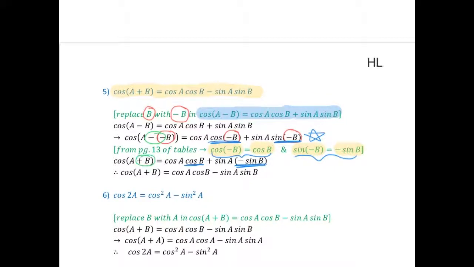We're looking for cos of A plus B. So then all we need to do is take the minus out from in here, out in front of this expression, and we can finally write that cos A plus B is cos A cos B minus sin A sin B.